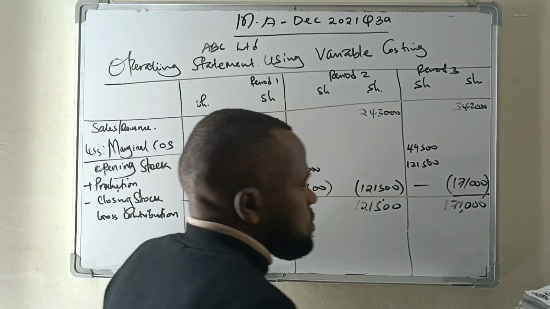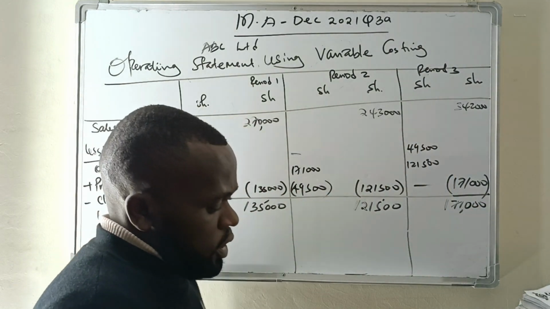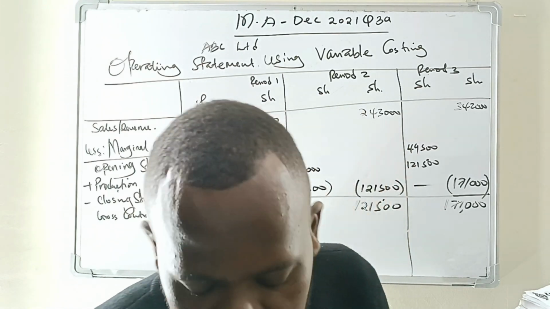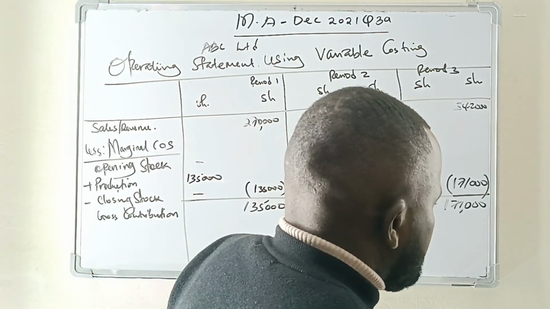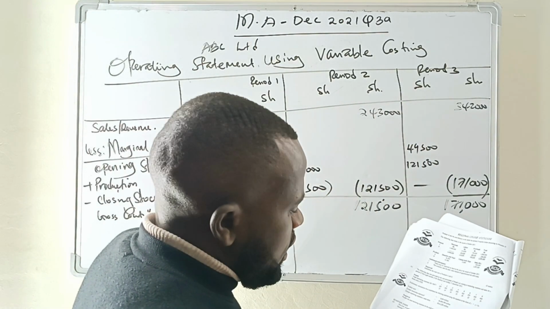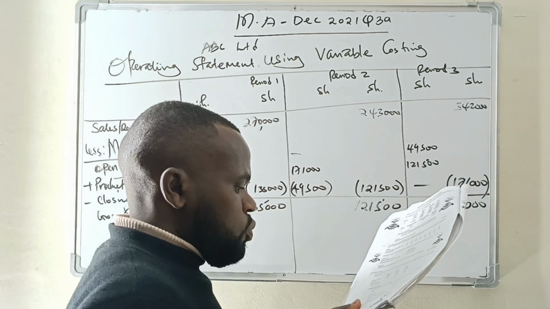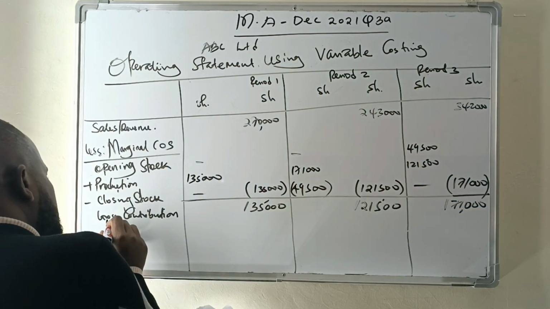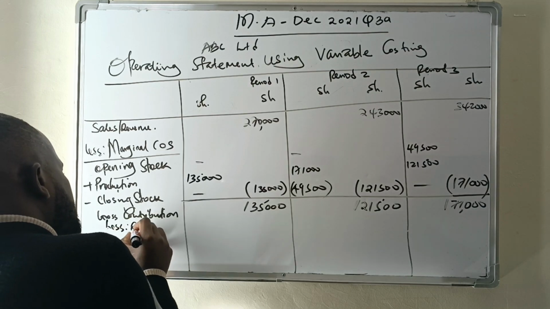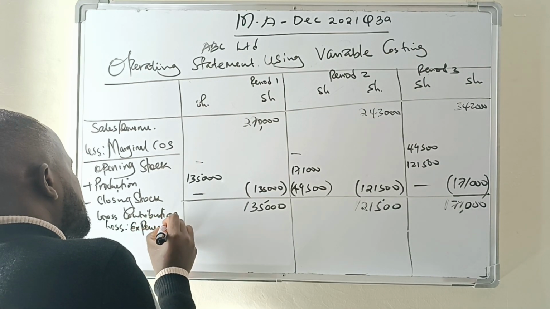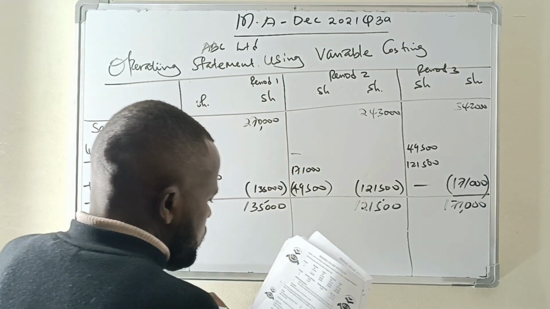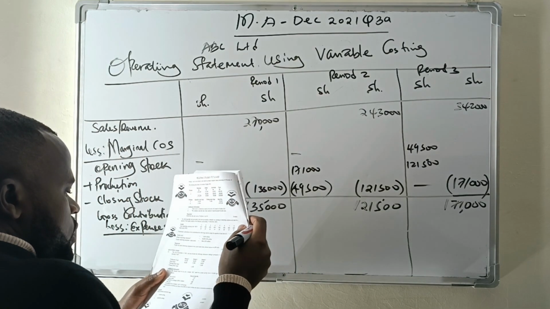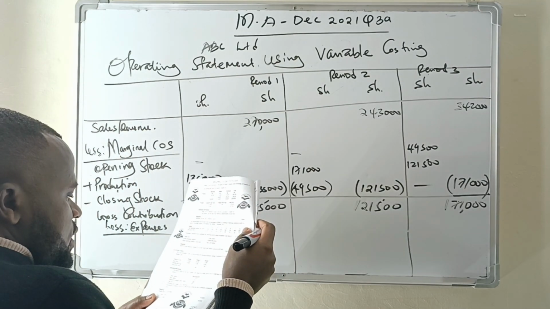171,000. So this is the gross contribution, less now the fixed cost or other costs. If there is any other cost, even if it is not part of production cost, less expenses or the other expenses. I can start with the ones which are variable, but I don't think there are any other variable costs.